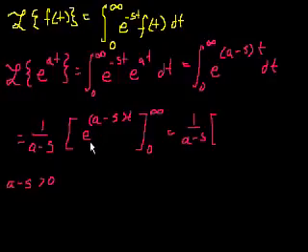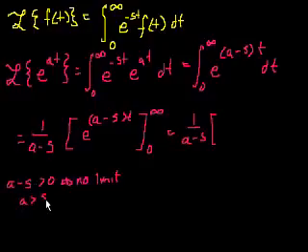So we don't get an answer. And when you do improper integrals, when you take the limit to infinity and it doesn't come to a finite number, the limit doesn't approach anything, that means that the improper integral diverges. And so there is no limit. And to some degree, we can say that the Laplace transform is not defined when a minus s is greater than 0, or when a is greater than s.